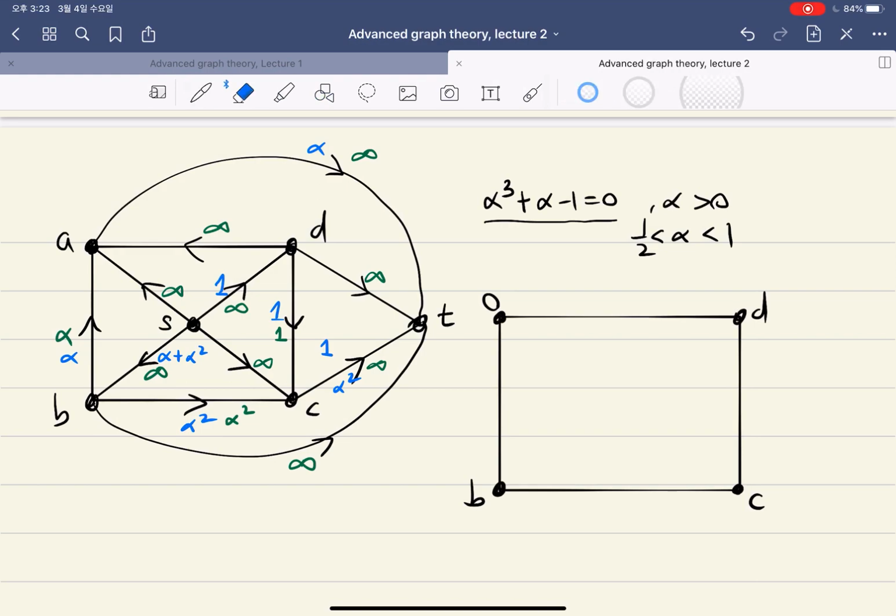Note that all the other edges have large capacity, and on the augmentation they will keep increasing. So really we have to look at these numbers. So this is 0, this is 1, alpha square, alpha, with this, this, this, this.